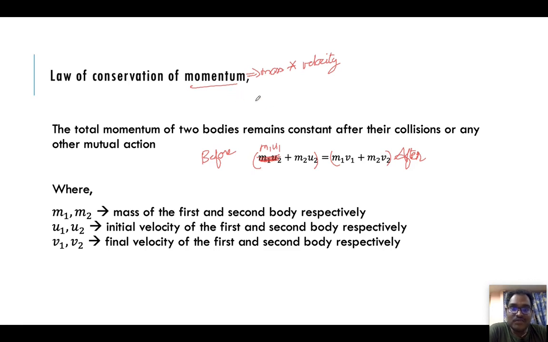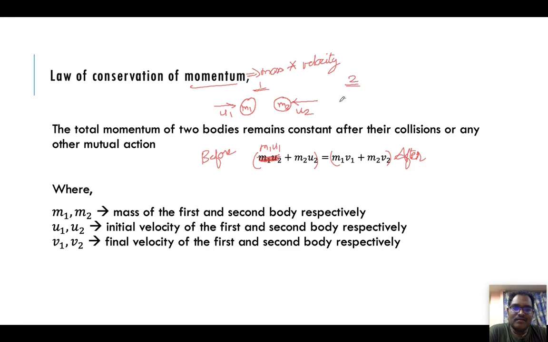So if it has to be represented as a figure, first you have two bodies with mass m1 and m2. m1 is going to travel with a velocity u1 and mass m2 is going to travel with a velocity of u2. So this is the first condition.